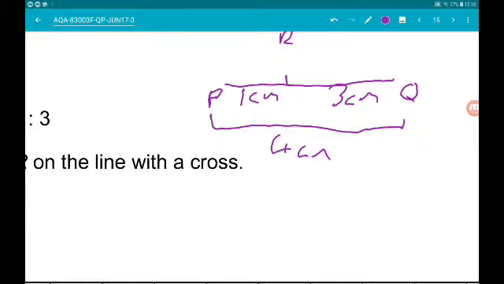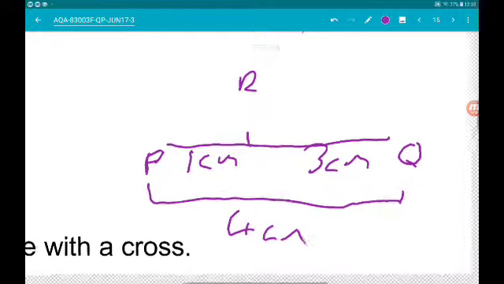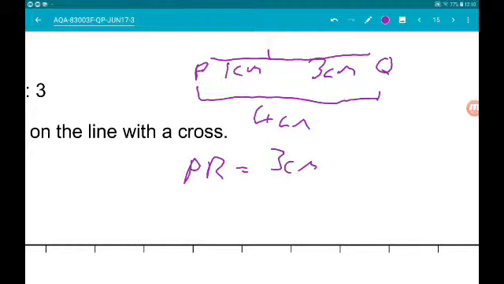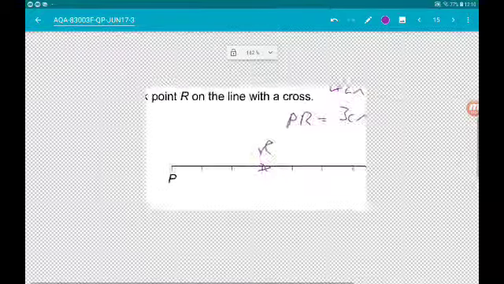We need it to be 12 centimeters long. So we need to multiply these lengths by 3. So PR is 3 centimeters, RQ is 9. So R is 1, 2, 3 centimeters from P.